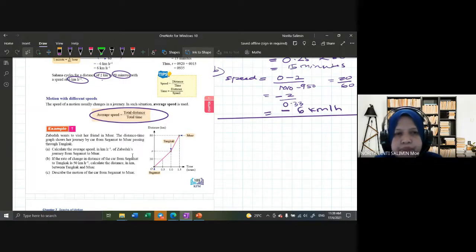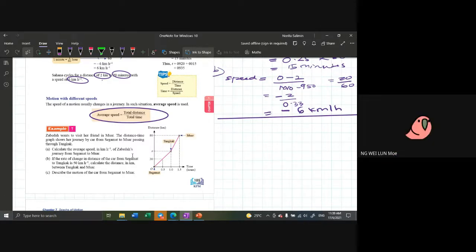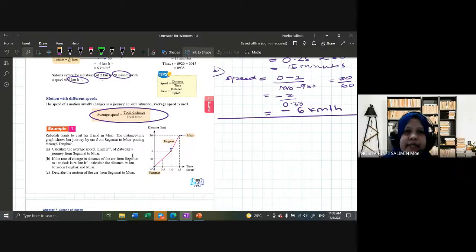Okay, B. The rate of change of distance at Taka is 50 km/h. Calculate the distance in km between Taka and Muat. Okay, and then C. Describe the motion of the car from Segamat to Muat. Okay, thank you. Okay, look at here.